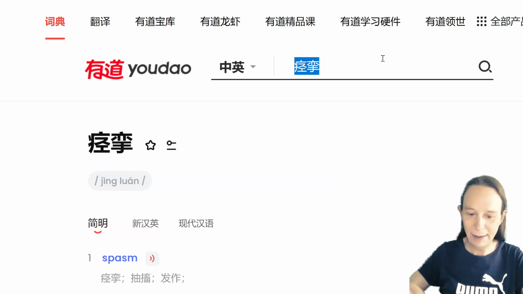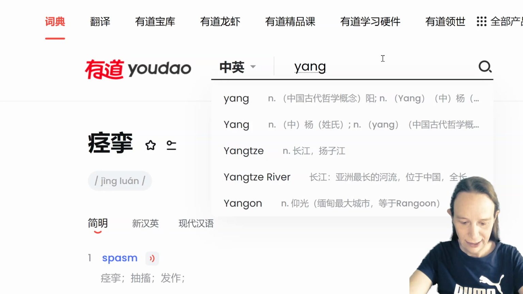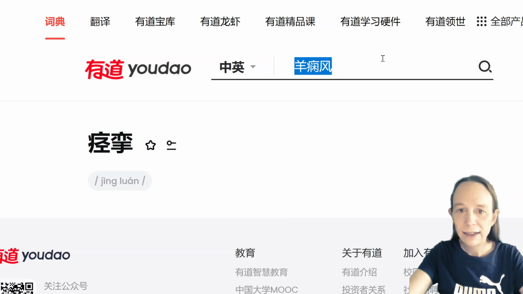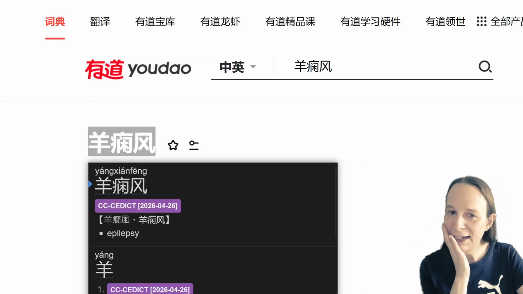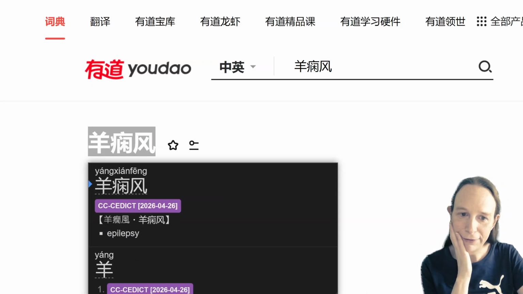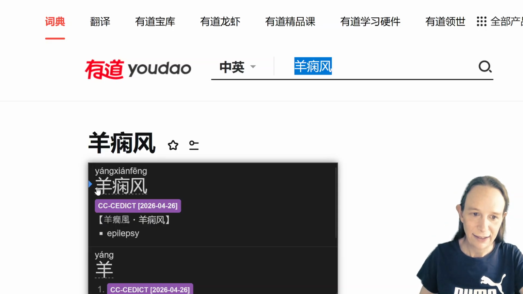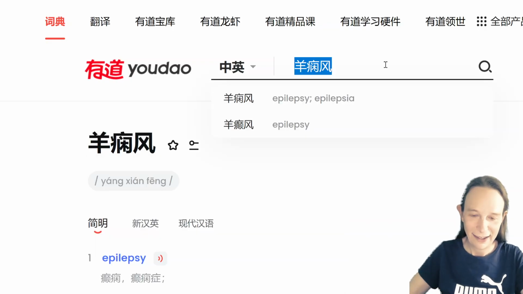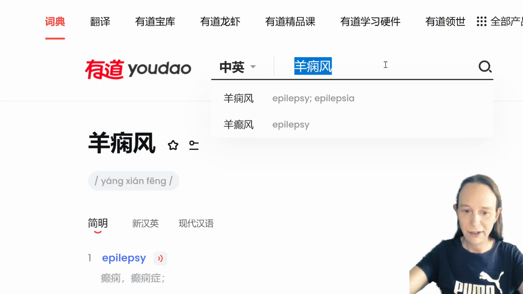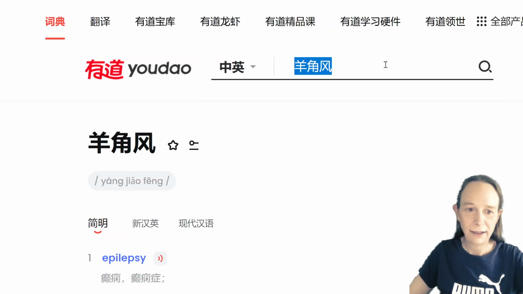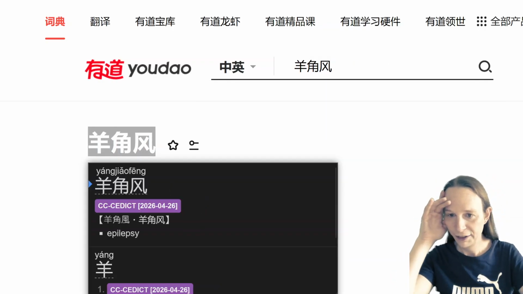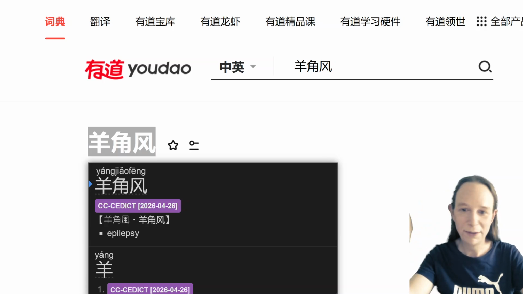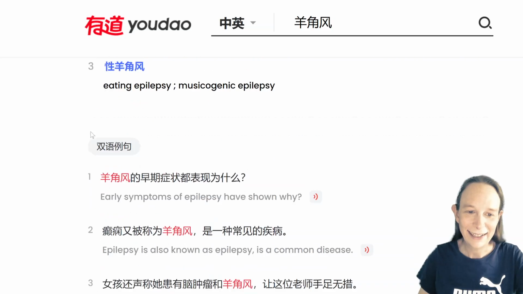All right, so there's some other names for epilepsy. 羊咸丰. So this is the non-medical version. Okay. So sheep epilepsy wind. I don't know why. And the other one is 羊角风. Sheep horn wind. I don't know. That's what it says.